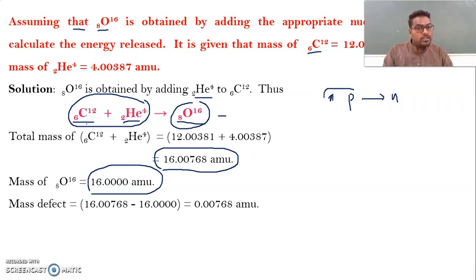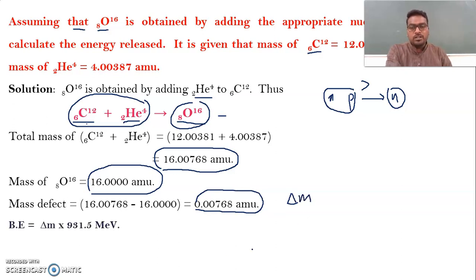The individual mass of neutrons and protons is greater than that of the product nuclei. Similarly, we consider the individual masses of the reactants, 16.00768 AMU, and then we subtract the 16 AMU, so you will get 0.0076 AMU. It's the mass defect delta M.